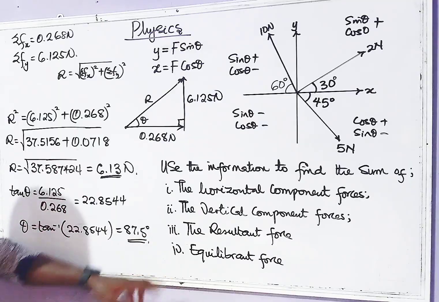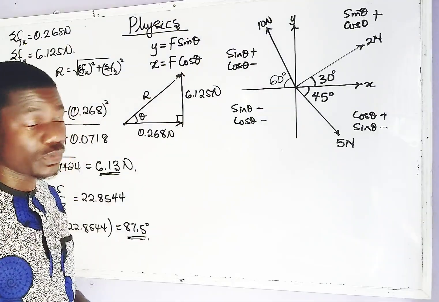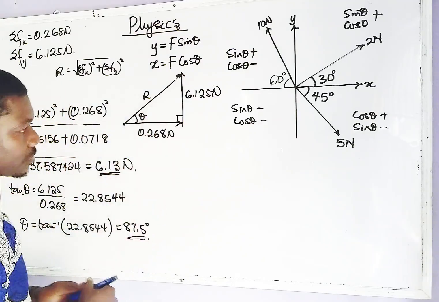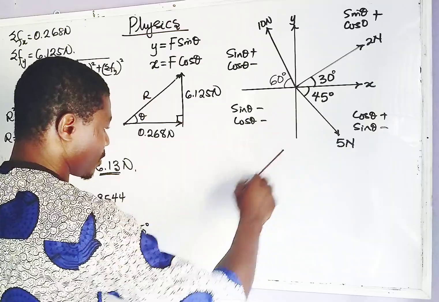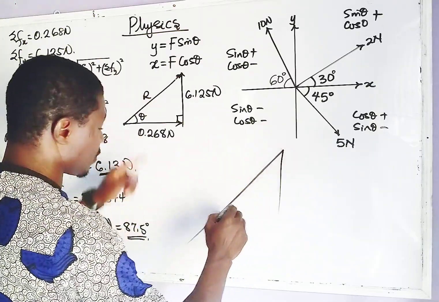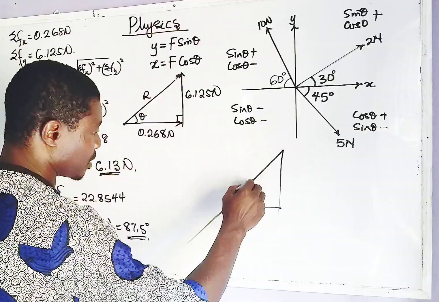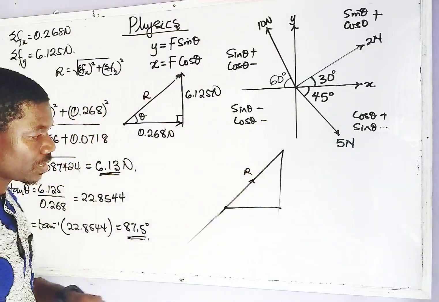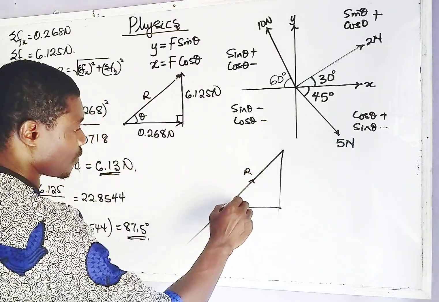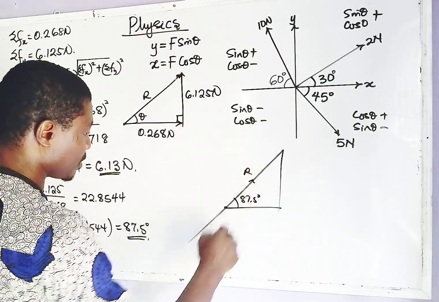Now let us find the equilibrant force. For us to ascertain the equilibrant force, let's redraw this, with an extension of the resultant force. Here is the resultant, with the direction of 87.5 degrees.